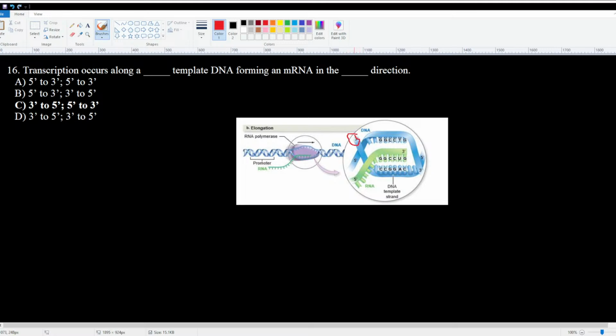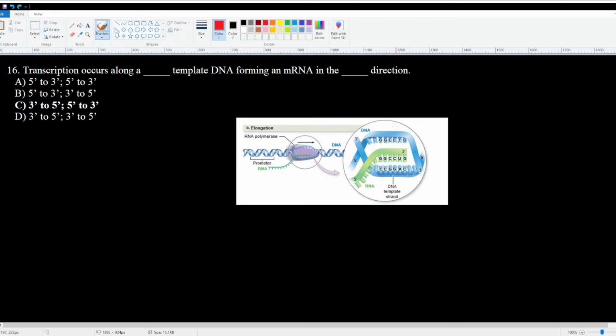Look at which direction is being read. We're moving this way, and if we zoom in, we're still moving to the right. So 3 prime on this side, 5 prime on this side, or it could be vice versa, with 3 prime on the bottom and 5 prime on the top.